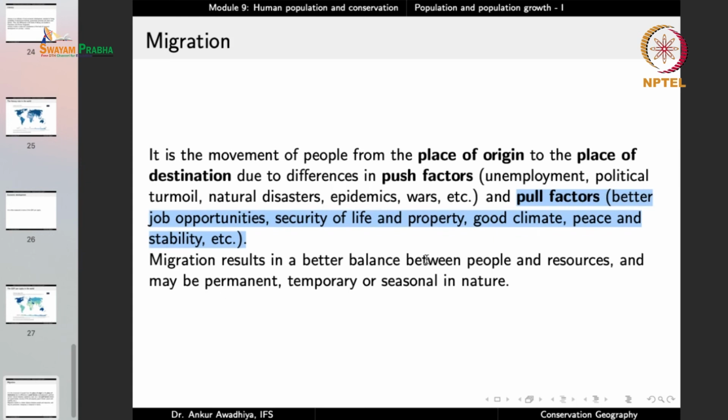It results in a better balance between people and resources. So if there are more resources, we will typically get more number of people in those areas. If resources are less, then that would result in unemployment, that would result in less GDP per capita, and people will move out. So it creates a better balance.